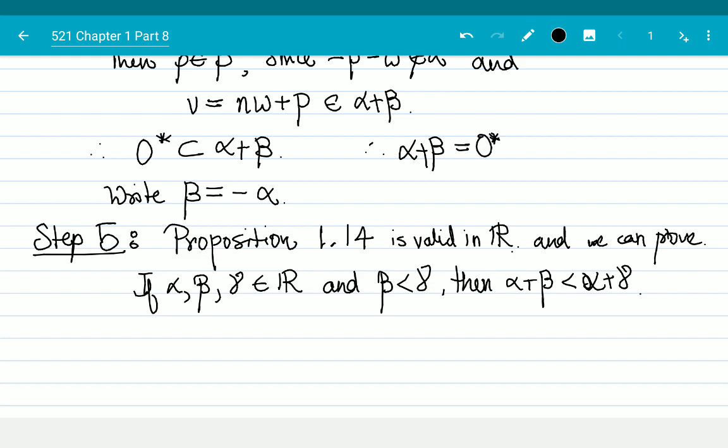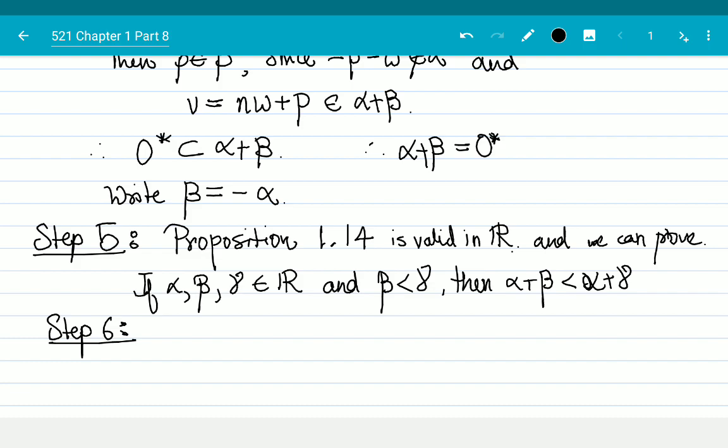It is extremely easy to follow these, and I'm not going to prove it. It basically follows from the definition of the cut: any element of beta is also an element of gamma, so every element of alpha plus beta is also an element of alpha plus gamma, that is, a subset. So it is pretty easy to show.